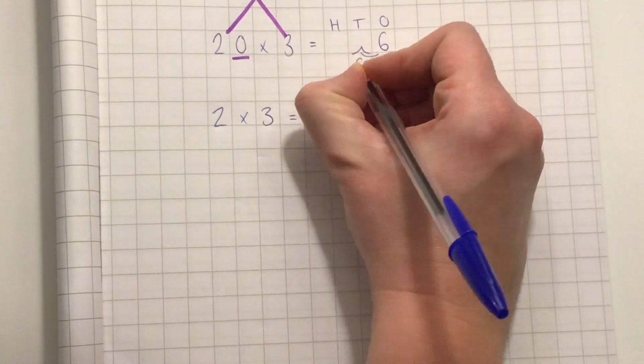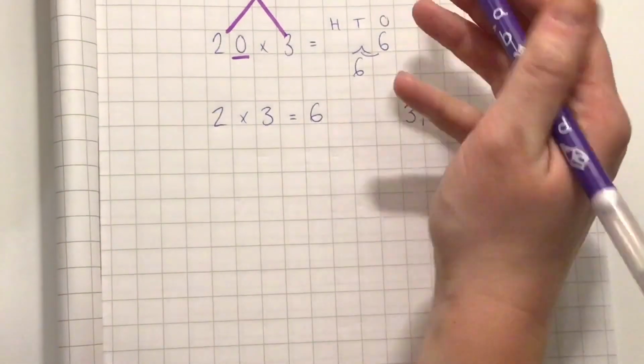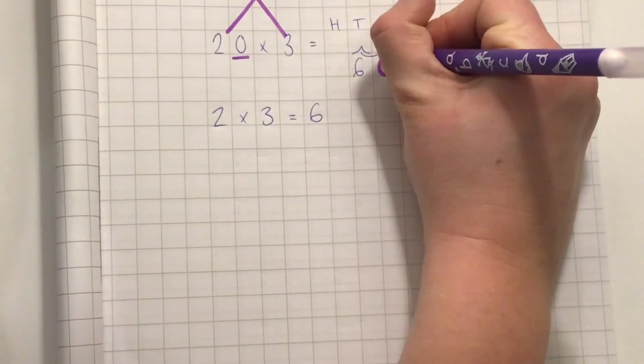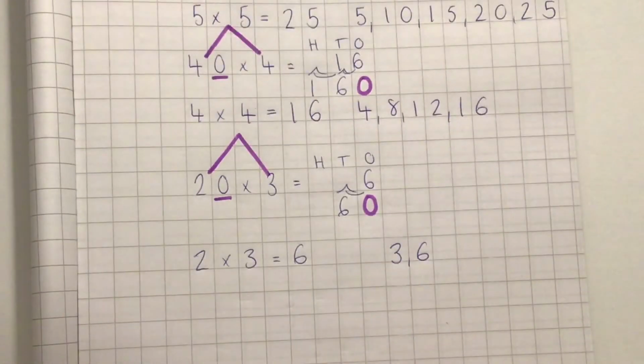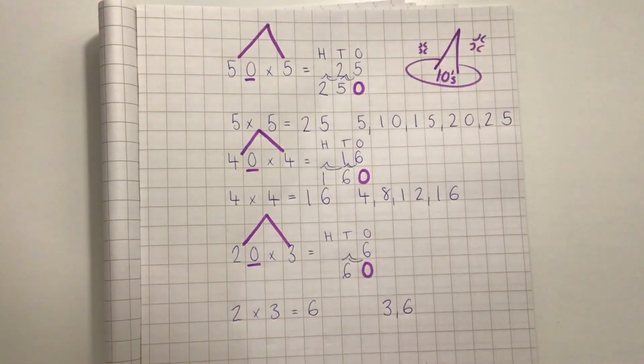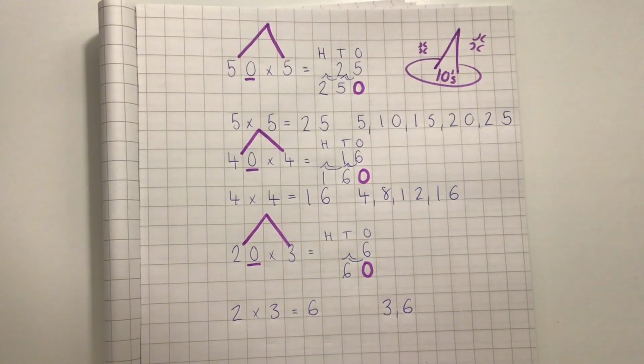So 6 moves into the tens. Place the 0 back as a placeholder. And our answer is 60. So 20 times 3 equals 60. Hopefully this multiplication trick of using a wizard's hat will help you when you need to multiply multiples of 10.